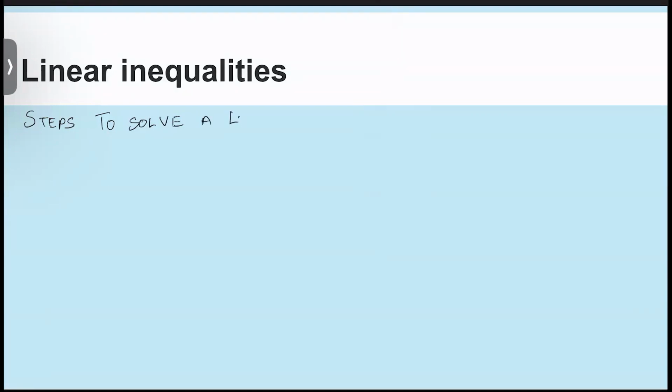Now let us consider a few general steps that we can use to solve a linear inequality. Steps to solve a linear inequality.